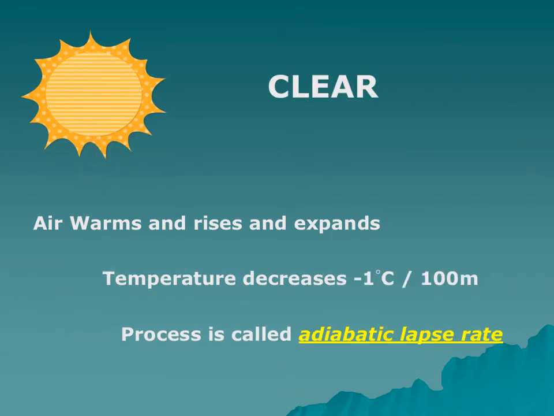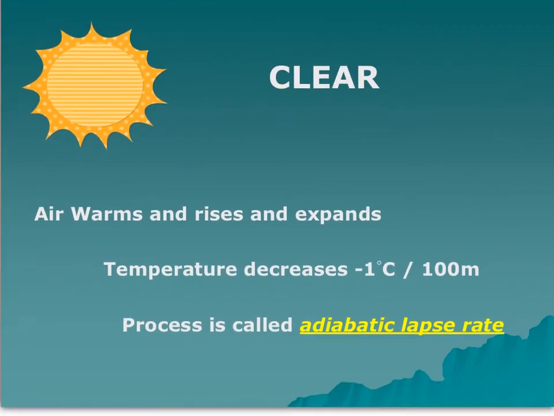When the weather is clear, it impacts how quickly that rising air cools. When we have clear weather, the sun's rays hit the earth more. There are more rays hitting the earth because there's nothing stopping them. So the air, again, warms, expands, and rises, and the temperature decreases about 1 degree Celsius every 100 meters.